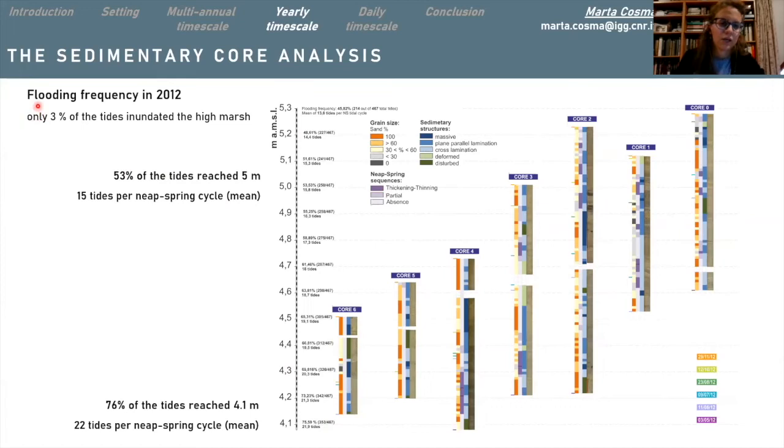So the flooding frequencies calculated in 2012 show that only 3% of the tides in the study period flooded the high marsh, so the elevation over 7 meters above mean sea level.